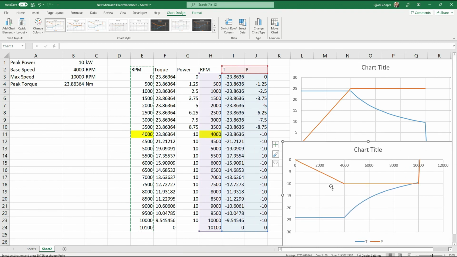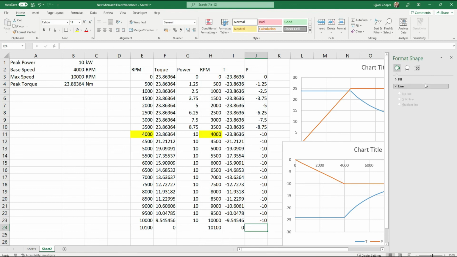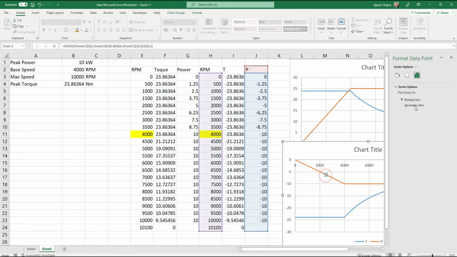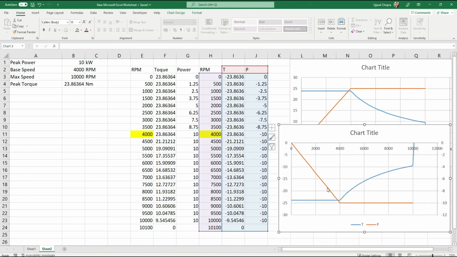There you go. Again, we'll remove the last point for power, move it to secondary axis, and this is generator characteristic curve or ideal torque speed curve for generator.